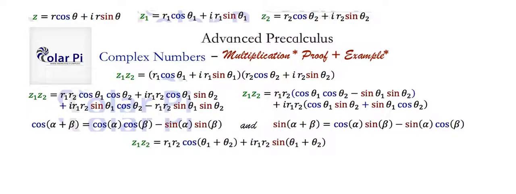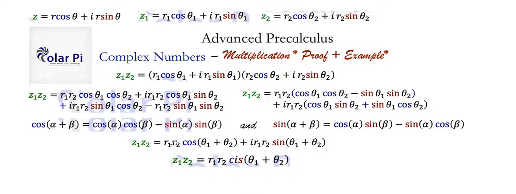We can simplify it in this way. We see that r1, r2 appears here and here, so we can factor it out. We use our good old abbreviation for cosine theta plus i times sine theta as cis theta, and then write z1 times z2 a lot more succinctly as r1 times r2 cis theta 1 plus theta 2, where again cis here stands for cosine of theta 1 plus theta 2 plus i times sine of theta 1 plus theta 2.